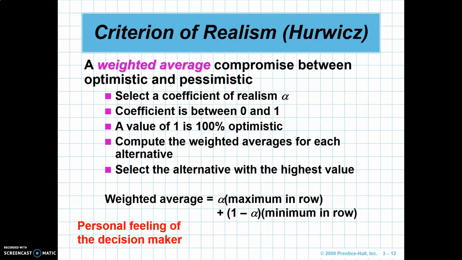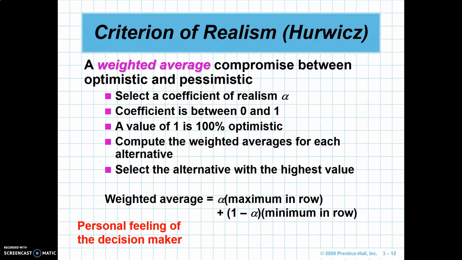The Hurwitz approach suggests that the decision maker must select the alternative that maximizes the criterion of realism, which is equal to alpha times the maximum in the row plus 1 minus alpha times the minimum in the row. The working method is summarized in the slides.